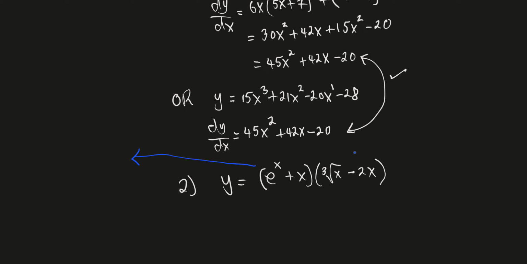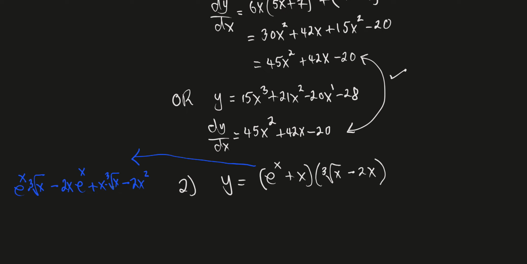If we FOIL things out, we would have e to the x times the cube root of x, and then minus, if I take the e to the x and multiply this negative 2x, I will get negative, I'll put the negative 2x first, and then I'll have the e to the x, right? And then if I distribute the x times the cube root, then it will be plus x times the cube root of x, and then finally x times negative 2x, so this is minus 2x squared.